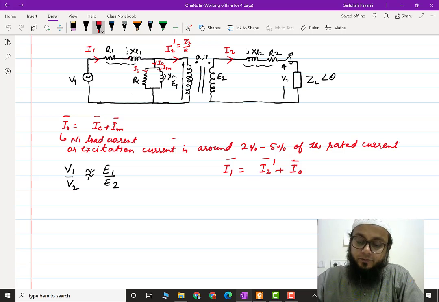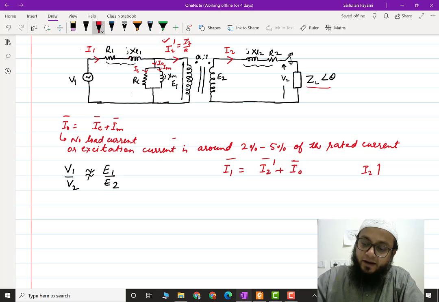So what you can see is that if I change the load impedance ZL, then the secondary current will change depending upon the impedance, and accordingly I2 dash would also change.